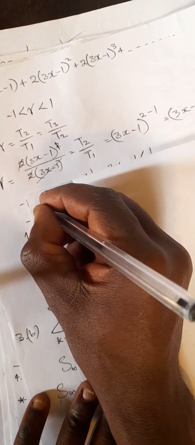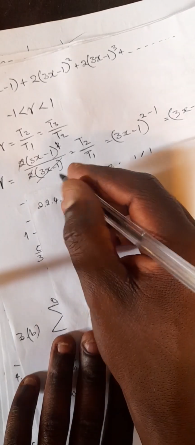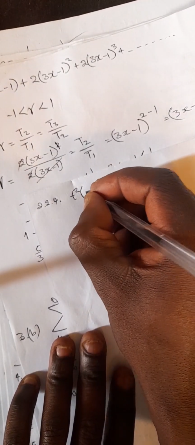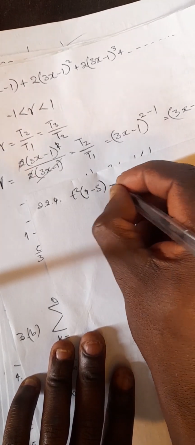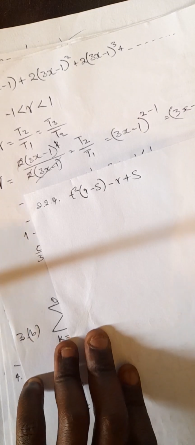Okay, moving on to 2.2.4. It says t squared, open bracket, r minus s, close bracket, minus r plus s. Factorize fully.